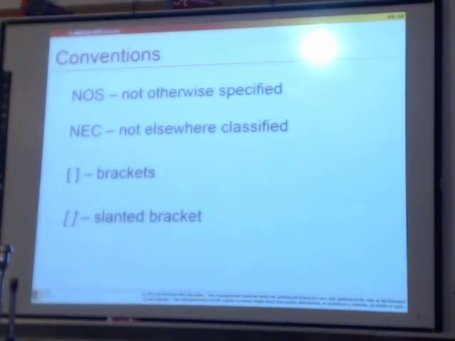Okay, so these are some things that you're going to see in ICD-9 and ICD-10, both, that did not change. You will have something called an NOS, which means not otherwise specified. Not otherwise specified basically means we have a condition. Here's a good example.